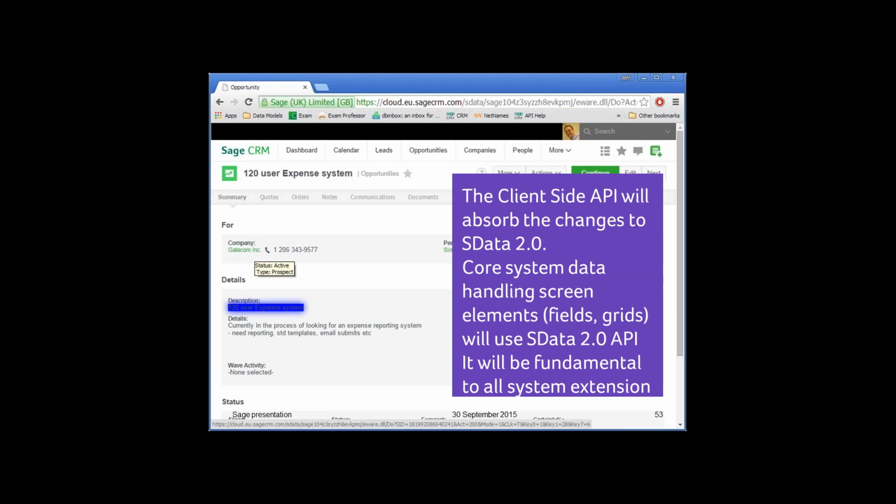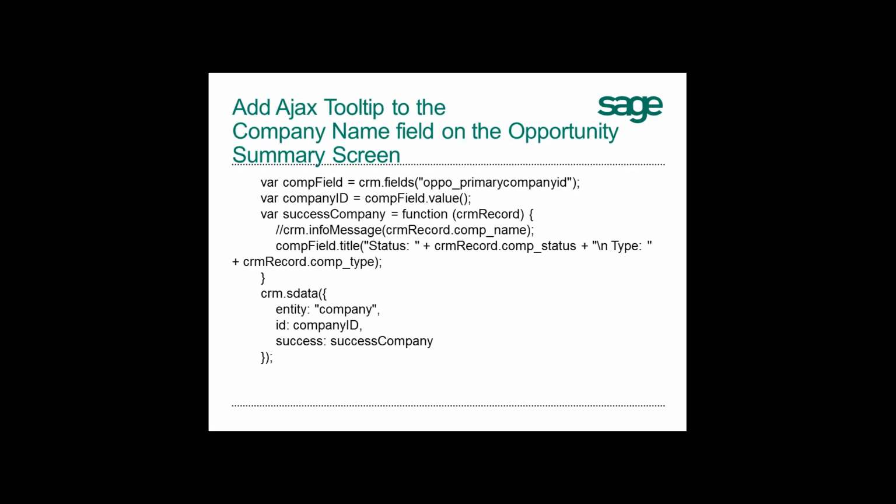So you will see it extended to allow for CRUD action, but where we currently code, for example, if you want to add a tooltip to the company name on the opportunity summary screen, it would look a little bit like this. We would write some code that used the method crm.sdata, indicating that we're going to a particular company with a particular ID, and we wanted to then invoke a particular function, which happens to be the success company.